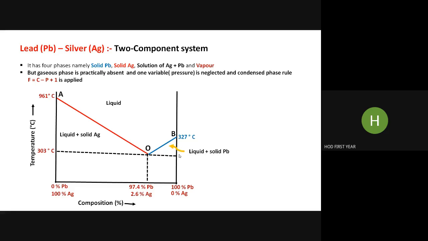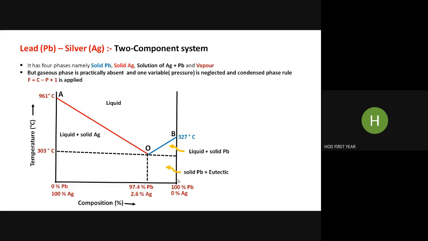Okay. Then this triangle, this area. Here I have liquid above the curve, and here below the curve I have solid Pb. I have solid Pb because I have 100% lead over here. So some solid lead is always here. You understand?